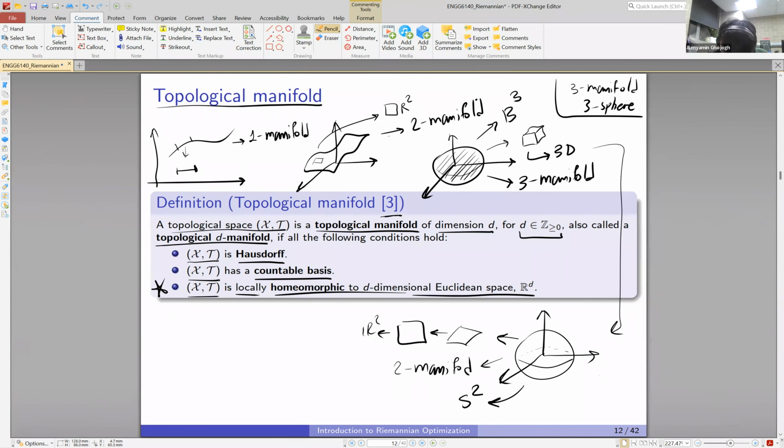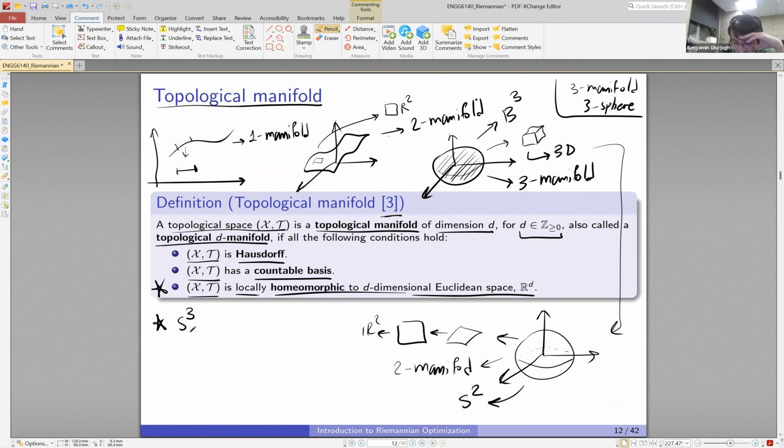When you see S3 in the papers or literature, it doesn't mean a three-dimensional sphere that you can visualize. No, it's actually like a four. You should imagine it.